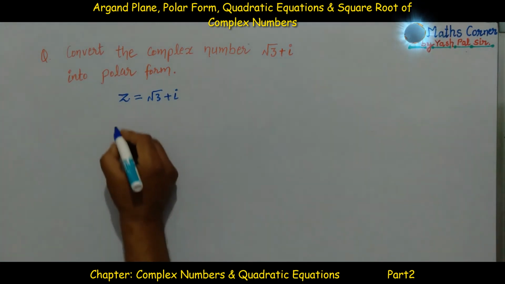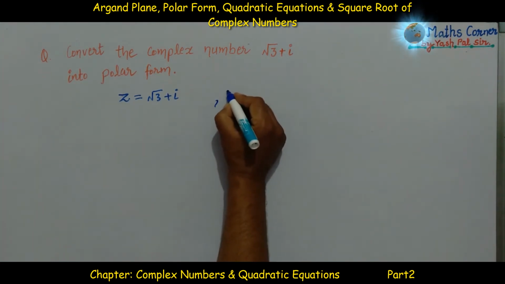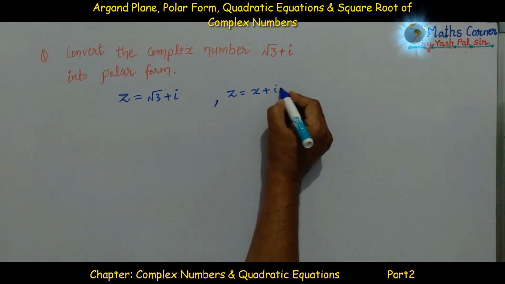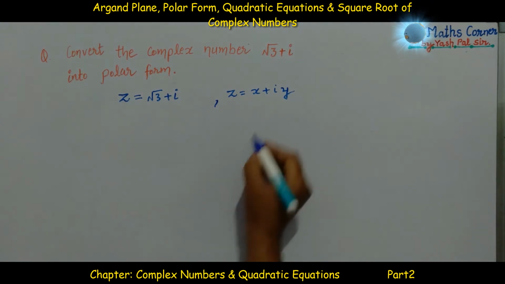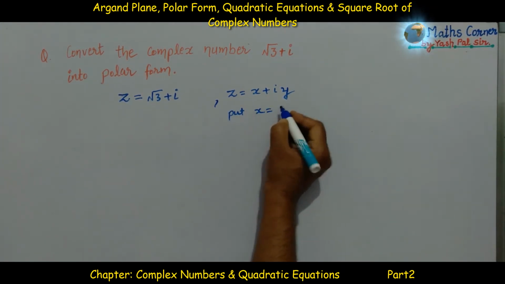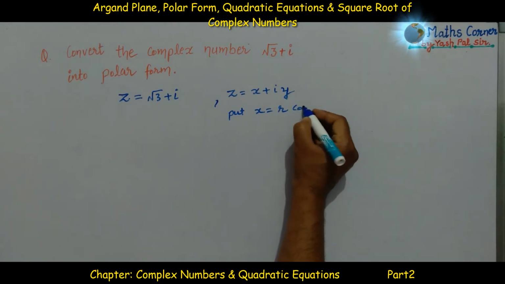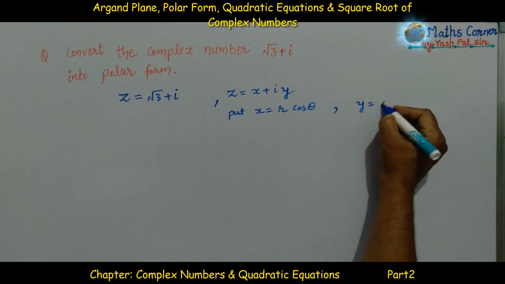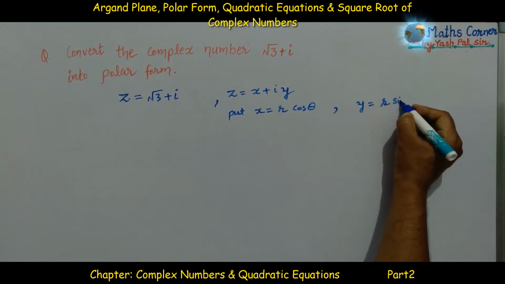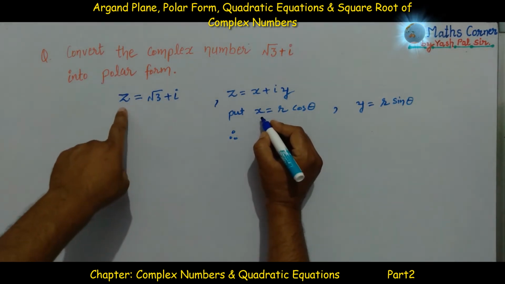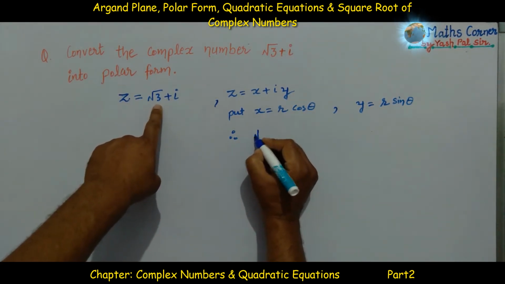But in general form, z is equal to x plus iota y. So we substitute x is equal to r cos theta, and y is equal to r sin theta.